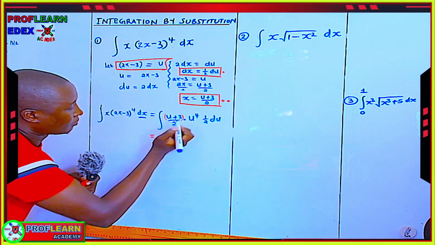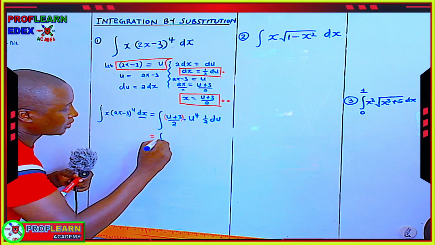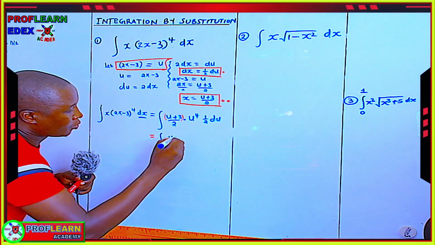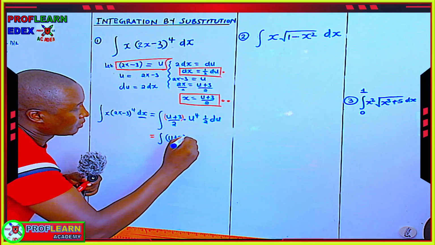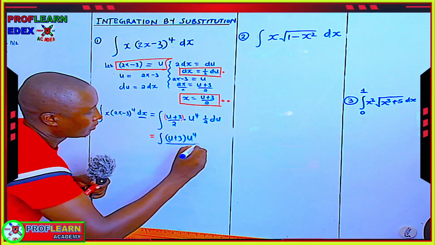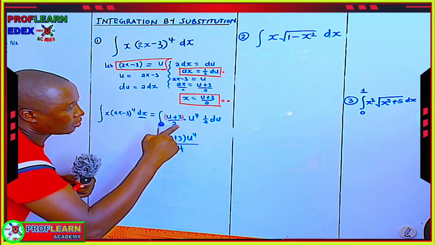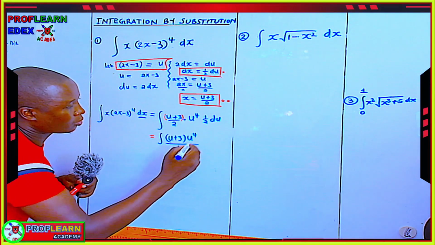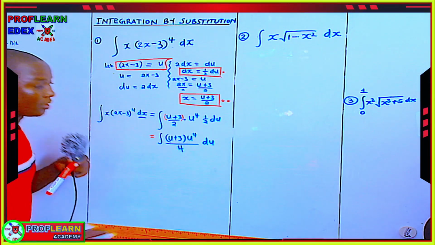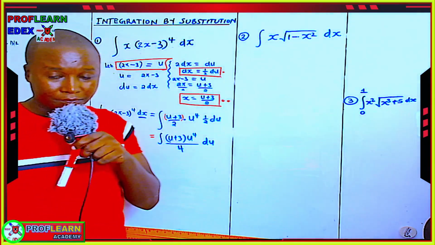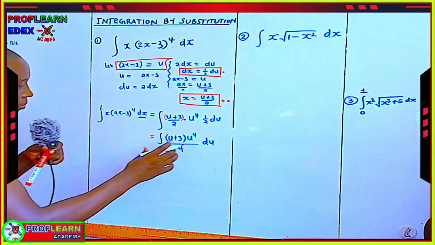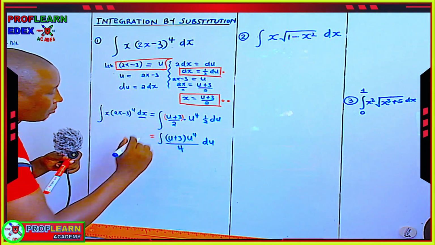So this is going to translate to 1 over 4, of course. And integrating this, we add 1 to each power. So we shall have u power 6 over 6, plus 3 times u power 4 plus 1, which is u power 5, over 5.